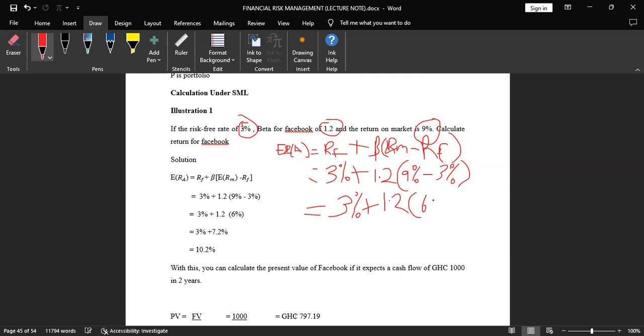Gardner, you can mute yourself. So that would be 3% plus 1.2 times the 6%, which gives us 7.2%.